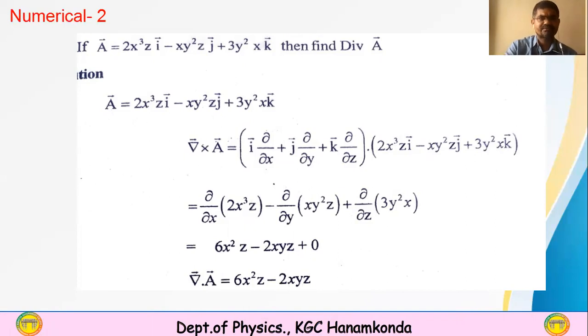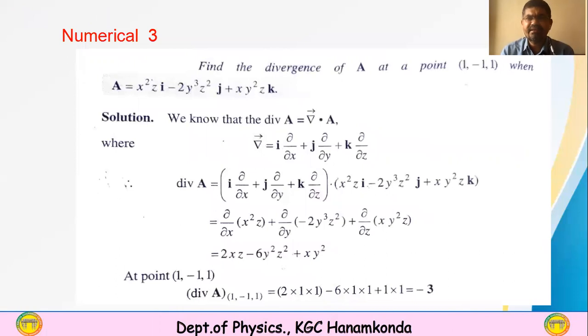Now go for this third numerical. Find the divergence of a bar at the point (1, -1, 1) when a bar is given as x square z i minus 2y cube z square j plus xy square z k. We know that the divergence of any vector is given as del dot that particular vector.